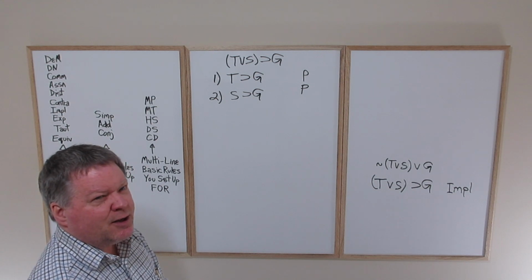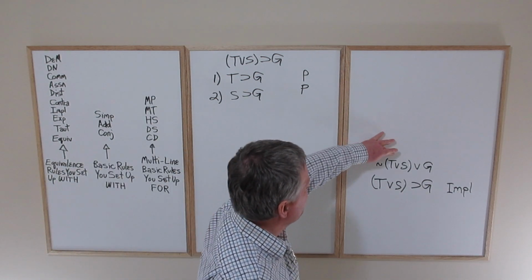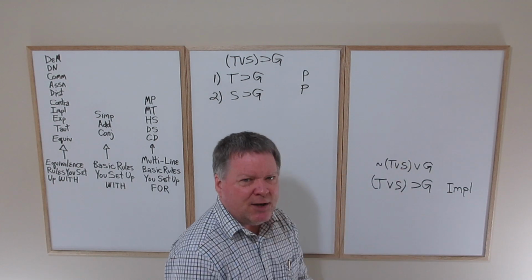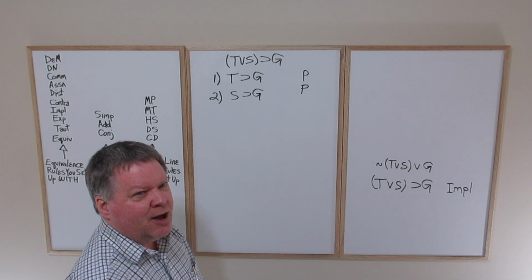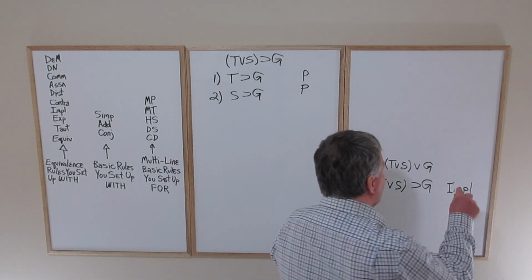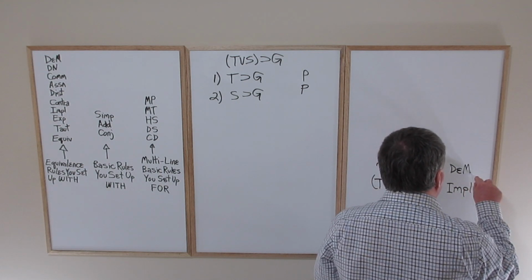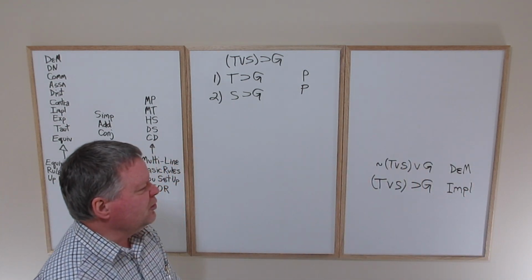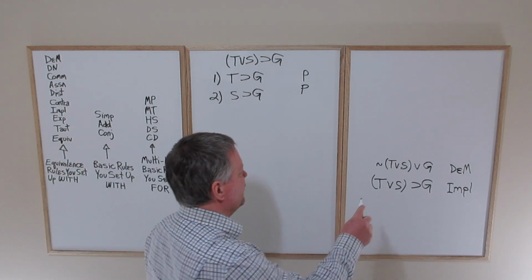How are we going to get that disjunction? Here, notice that we've got a negated disjunction. How are we going to get that disjunct? Answer, by De Morgan's. Very important that all of the equivalence rules apply to parts of lines or entire lines.